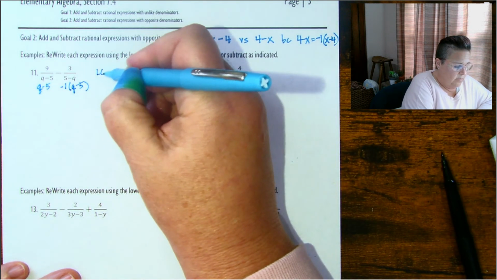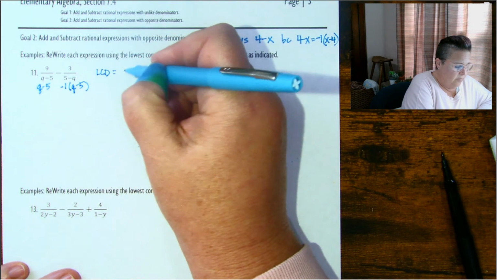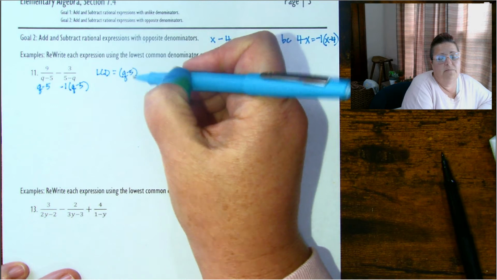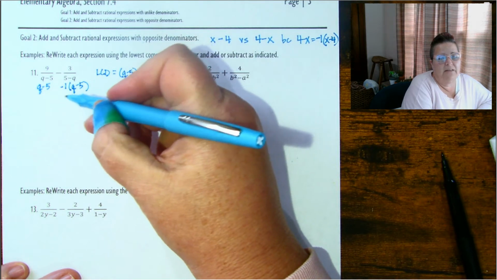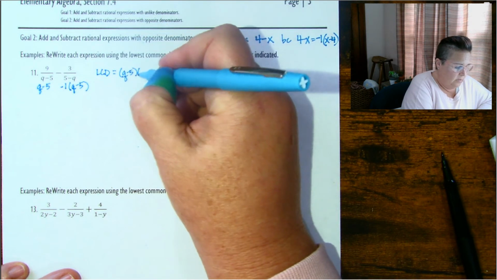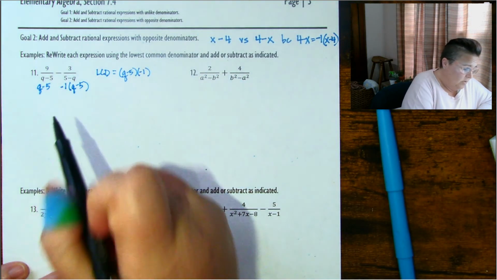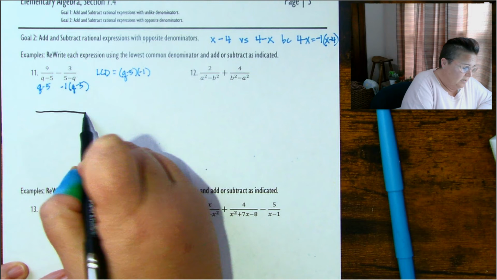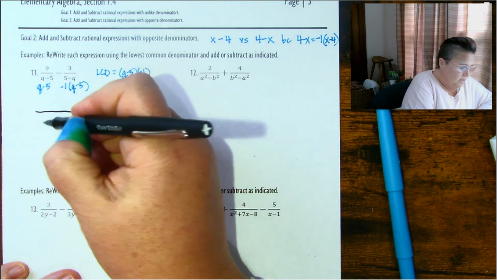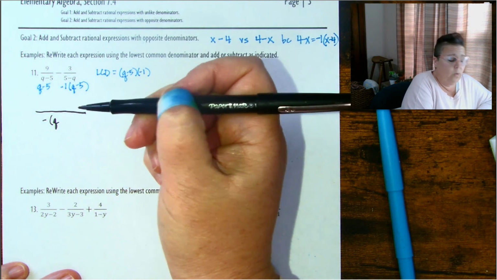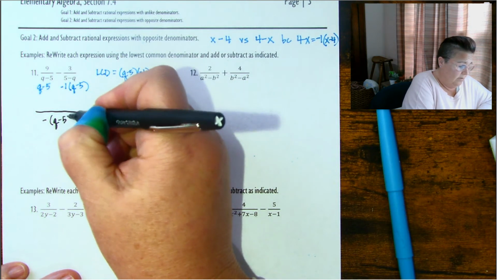This would make my lowest common denominator everything in the first, q minus 5, multiplied by any missing factor. So any factor that was not previously included, so negative 1. Now, when we do a common denominator here, we can do a negative q minus 5 or a negative 1 times q minus 5. It won't matter.